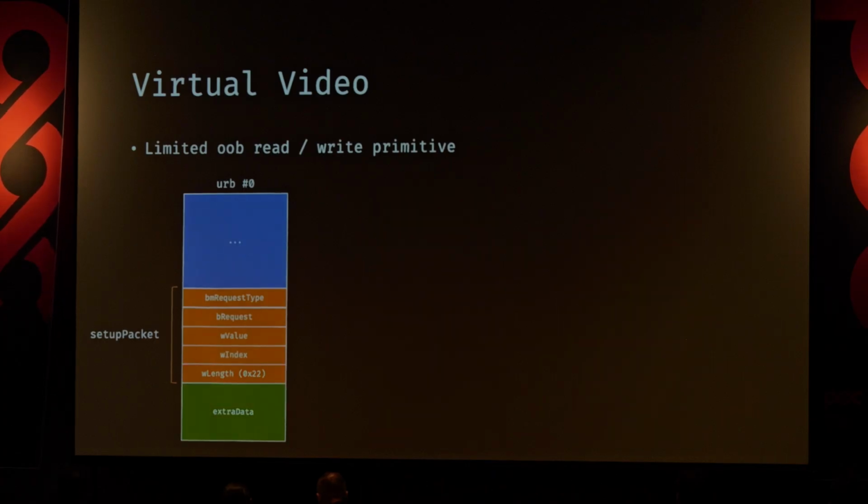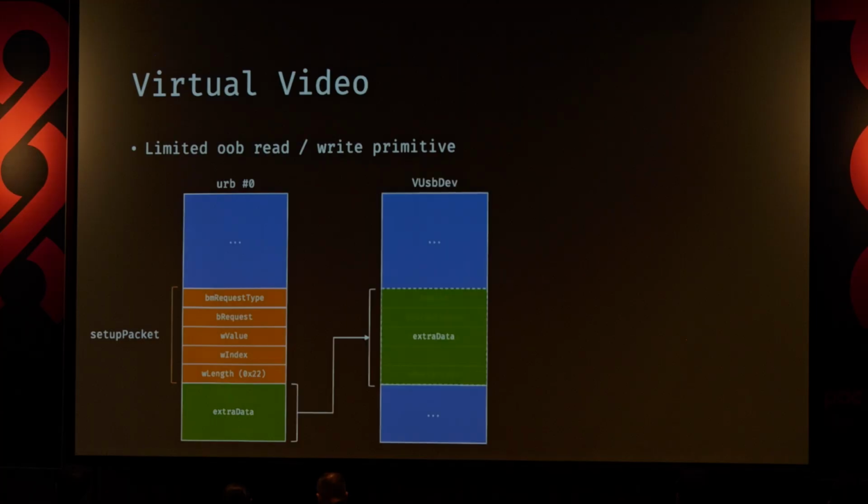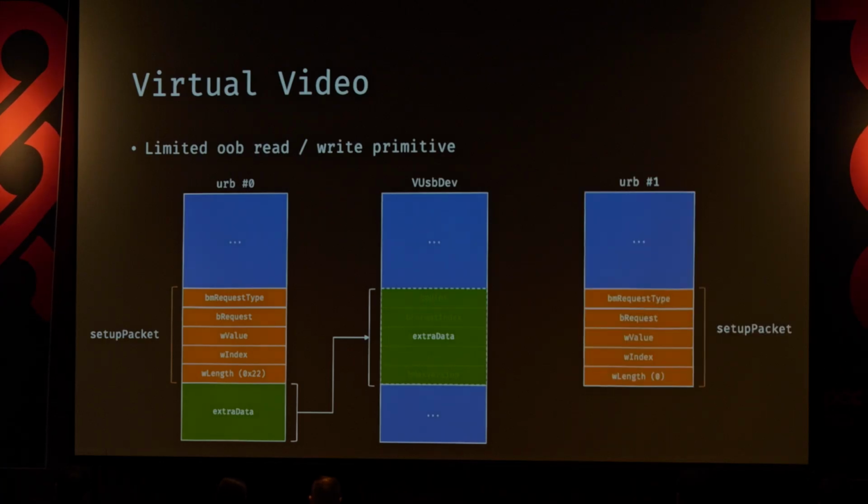Conversely, if we first craft URB0 with a legitimate wLength of 0x22, the virtual video device will allocate a properly sized extra buffer of 0x22 bytes and safely copy the provided data into the UVC parameters. This time, no overflow occurs at this stage. Then, we follow the same strategy and craft a second URB, URB1, with wLength set to 0. In this scenario, the initial URB0 with legitimate wLength equal to 0x22 had already populated the UVC parameter structure with attacker-controlled data.